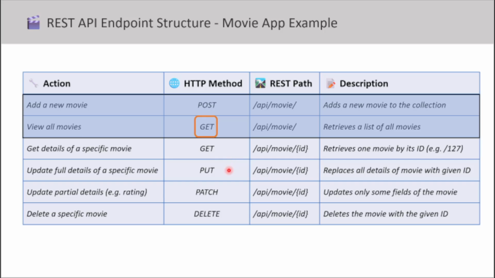If we want to update or partially update, we are going to use put and patch. And similarly, if we need to delete a particular movie, for all of these we are going to use the following REST paths. So depending on the action you want to take, the structure of the URL changes a little.